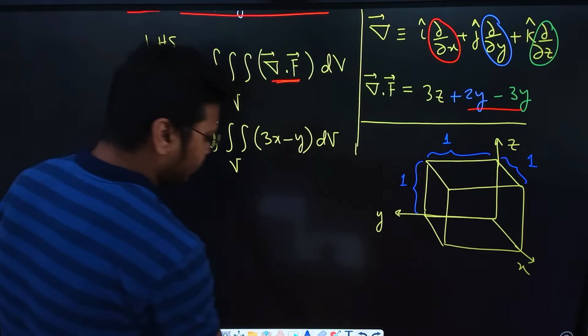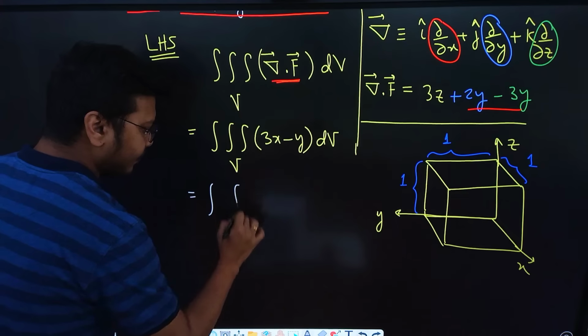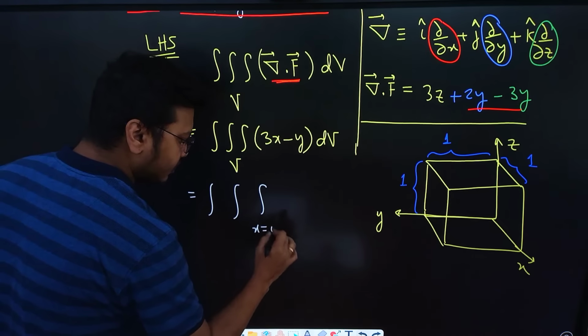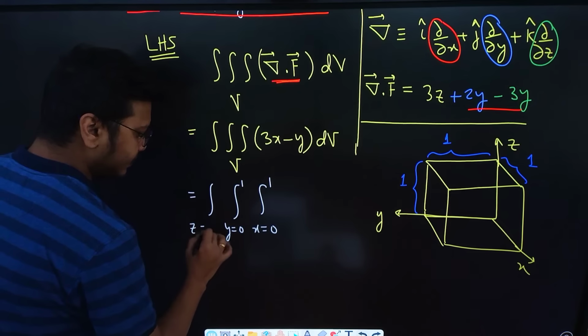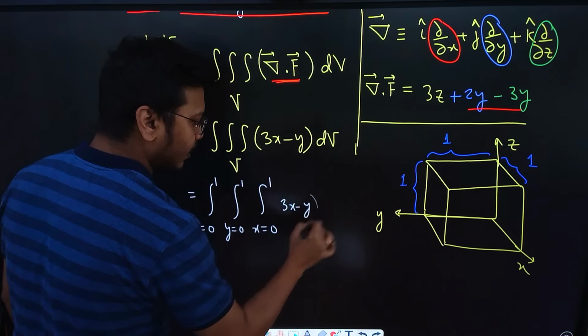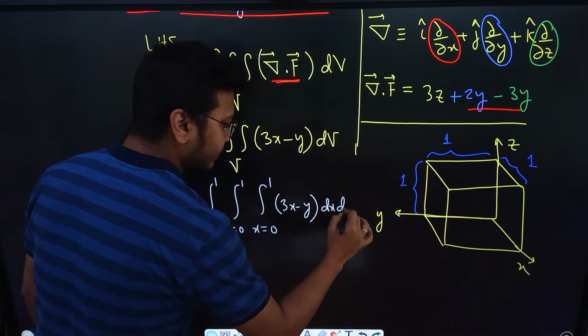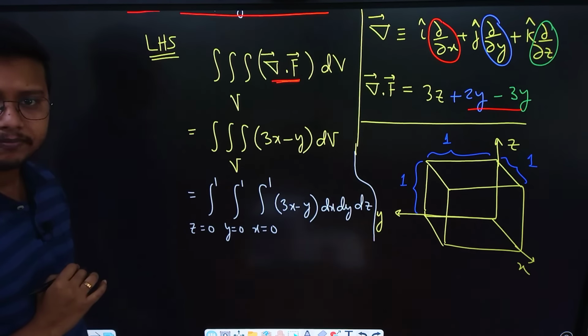So it's going to be very easy to do this triple integration. The limit of x is 0 to 1, y is 0 to 1, z is 0 to 1, and my function is 3z minus y, dx dy dz.